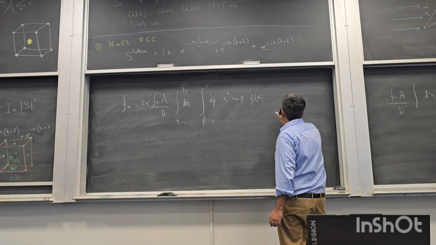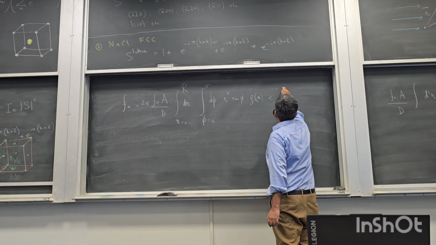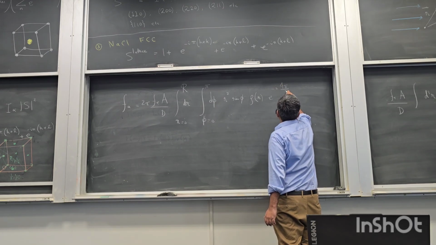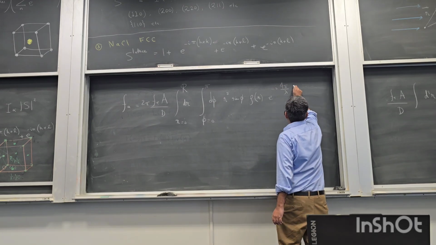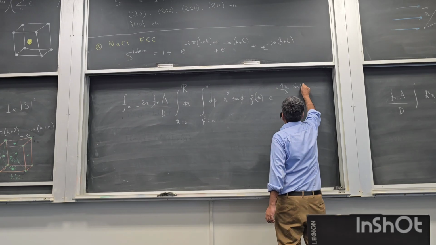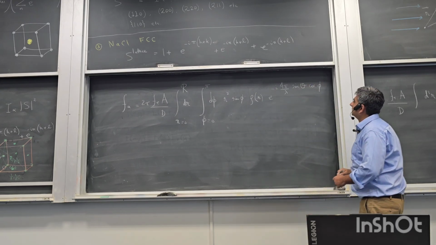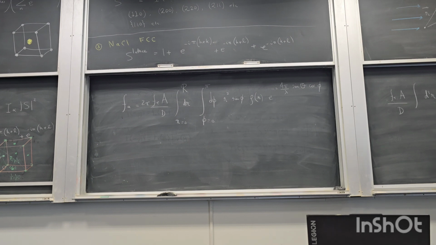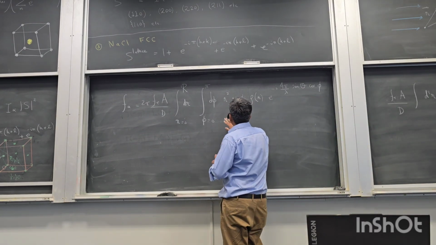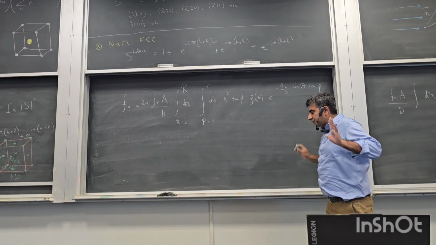And then I have e raised to power minus i 4 pi over lambda sine theta cos phi. Correct? So far so good.